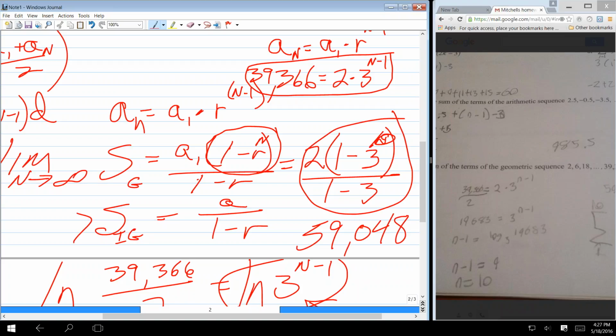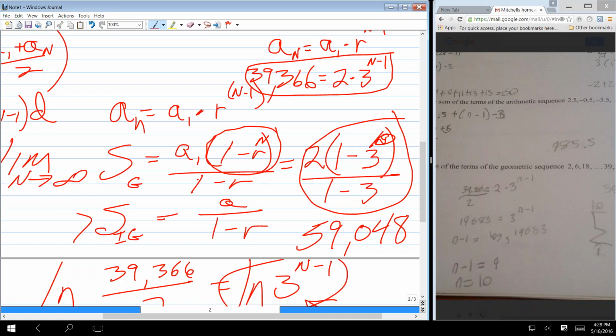The total sum needs to be bigger than the last term, but in a geometric sequence, I suppose it could be smaller if the r was 1.1 or something. Or a negative number. True, because it could just keep flipping back and forth.